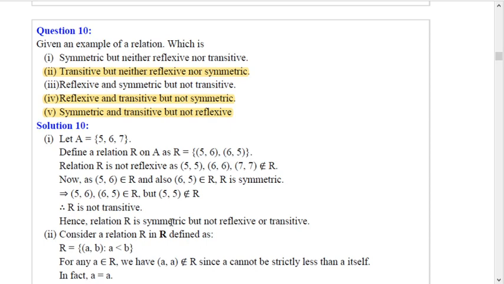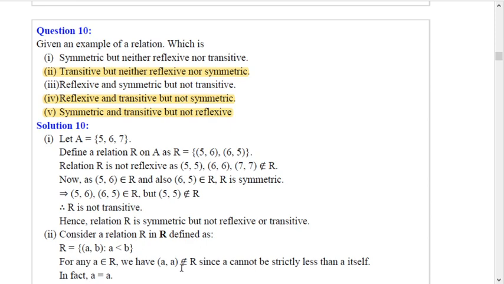Now next, transitive but neither reflexive nor symmetric. For not symmetric we have to introduce an inequality like a greater than or less than symbol. So we have introduced the less than symbol, a less than b, on the set R. Now you see here (a, a): no element (a, a) exists here.